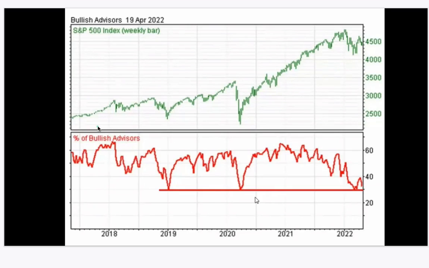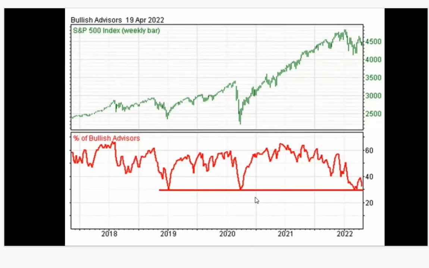Basically, the general theory here is that the advisors is a contrarian indicator, or an opposite indicator, meaning that when we see a lot of bearishness indicated by the low bullish advisors, we can say that there's no more sellers in the market, and from then on we bottom and we're gonna push up into new high ground because there's no one else to sell to.